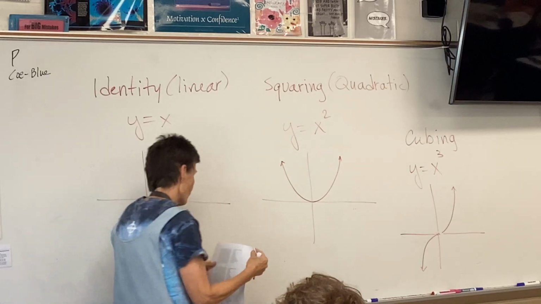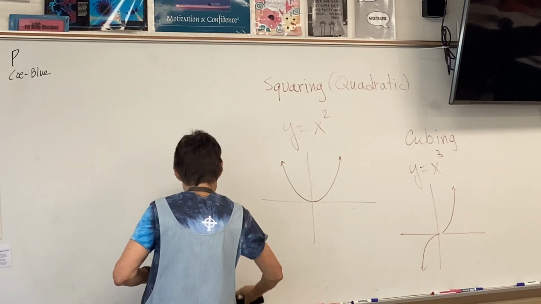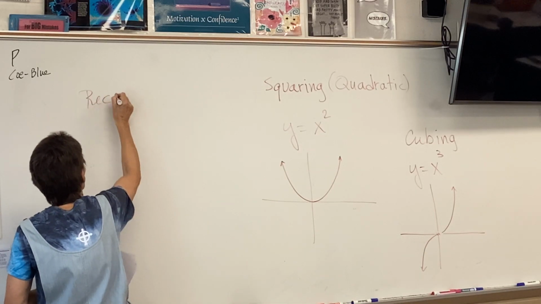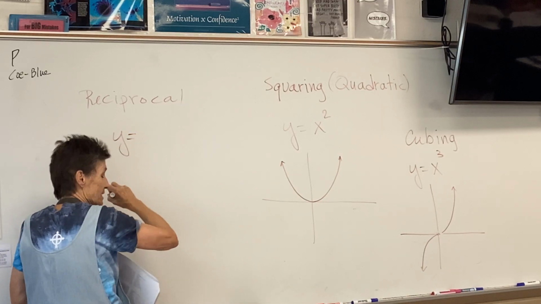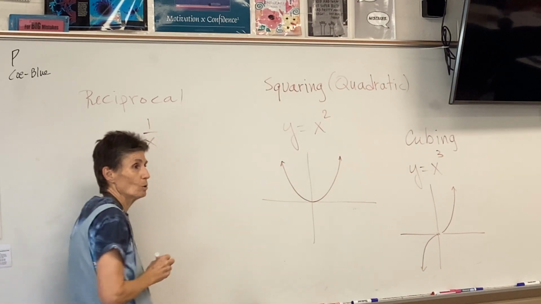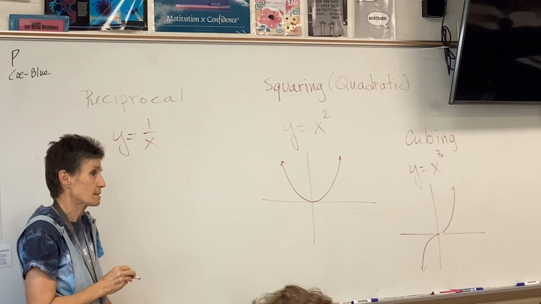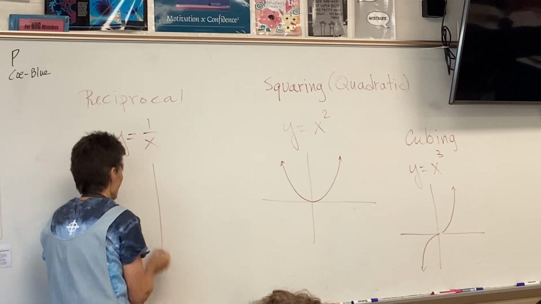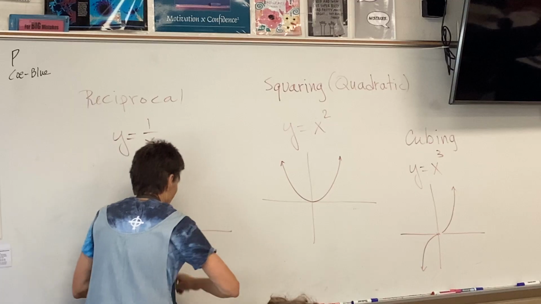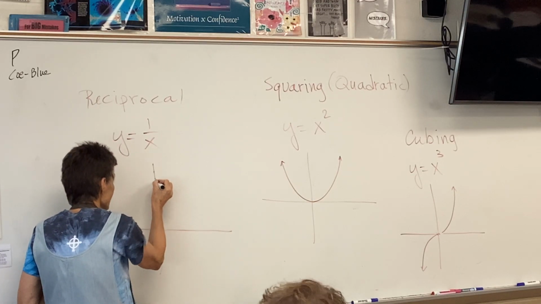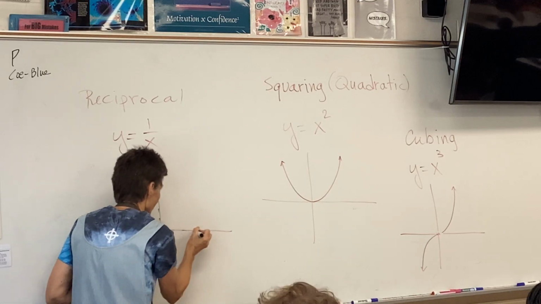All right? The reciprocal function. Its equation is y equals 1 over x. The reciprocal, 1 over x. This one, a little bit wild. You're going to have an asymptote on each axis.